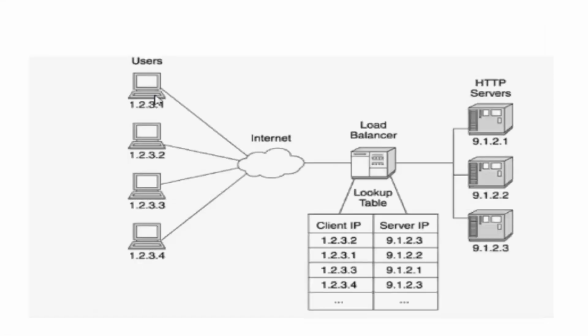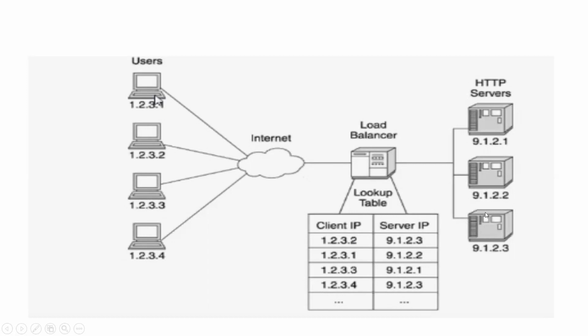When the request comes from this particular browser to this load balancer, it will create a lookup table and put the client IP and server IP there. Let us say the request comes from 1.2.3.2 and the load balancer processes this request from web server 9.1.2.3.